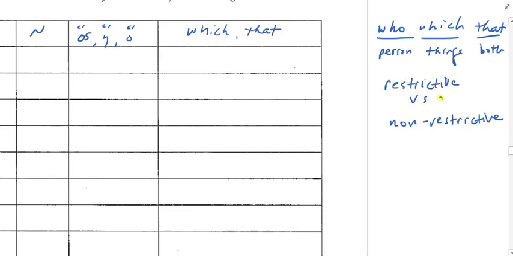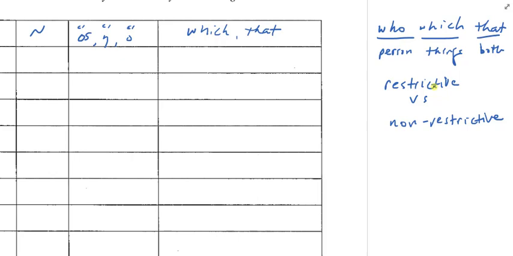So a restrictive relative clause is a relative clause that is necessary. You need the information of the relative clause in order to identify the referent of the head of the relative clause. And a non-restrictive relative clause is one where the information is simply additional but not necessary to identify the referent of the head of the relative clause.